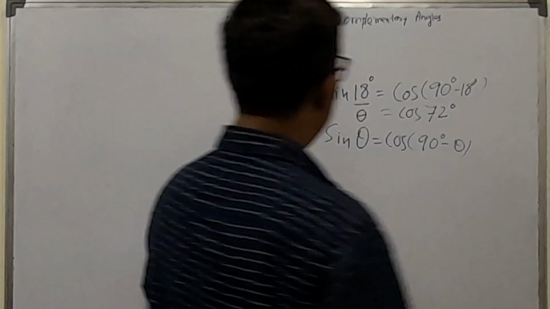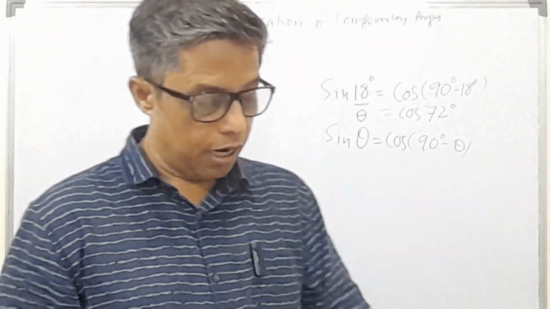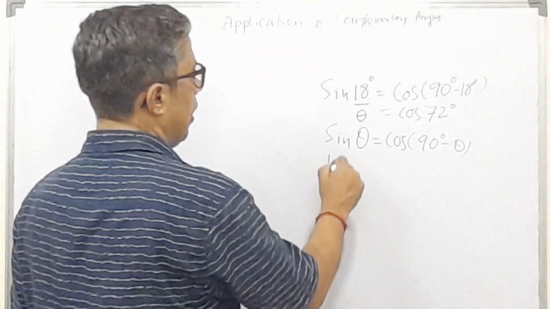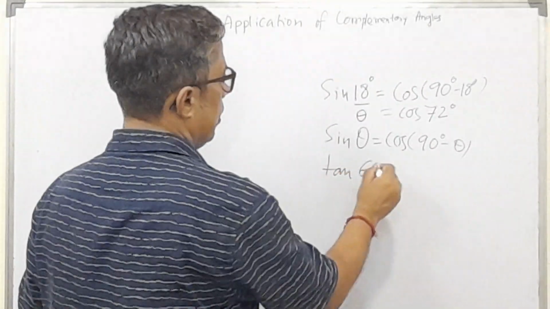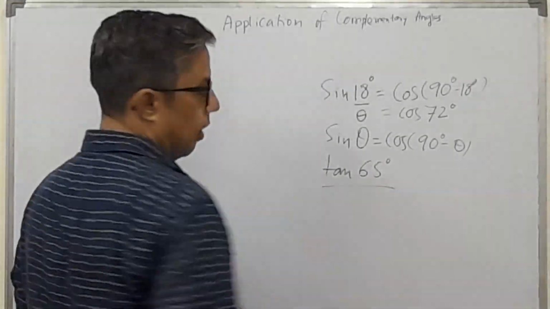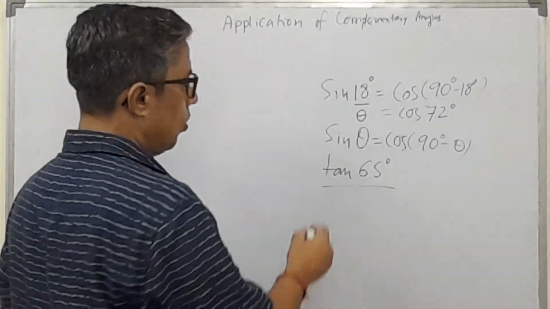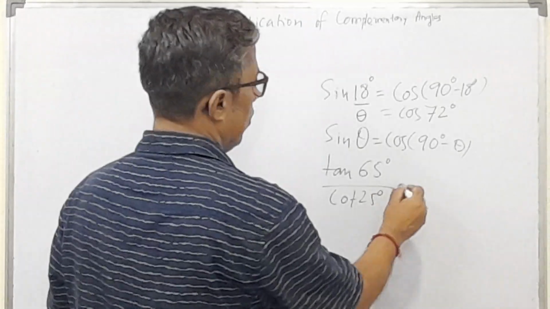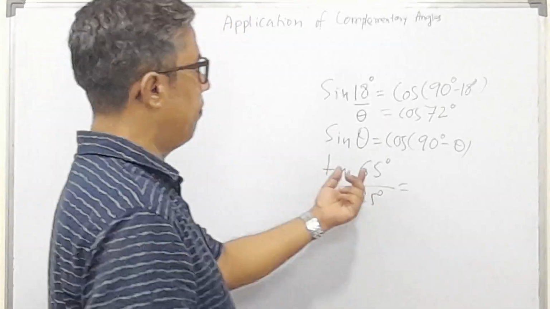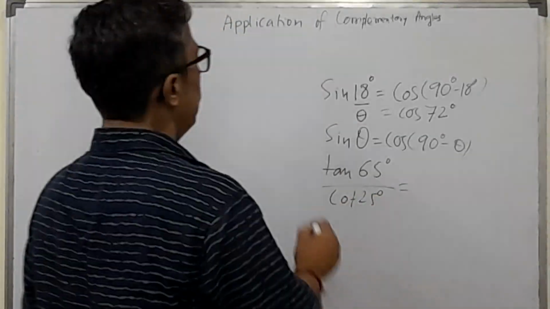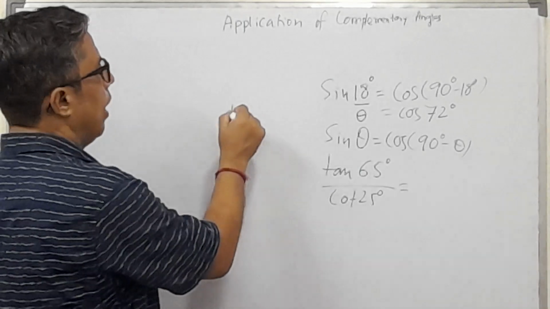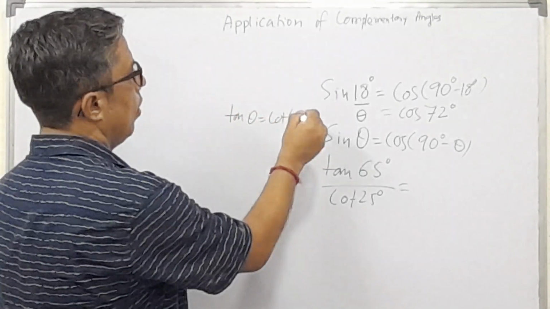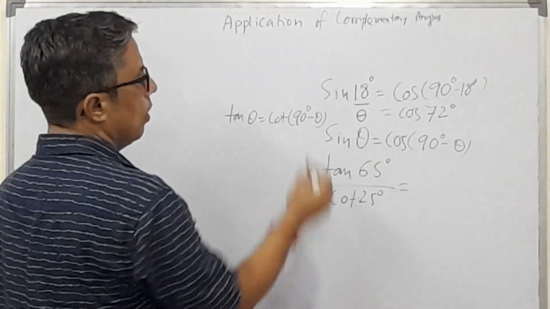Okay. So these are very important things, and say there is a question: find the value of tan 65 degree divided by cot 25 degree. So tan 65, if I am taking tan theta, you know that tan of theta is equal to cot of 90 degree minus theta.